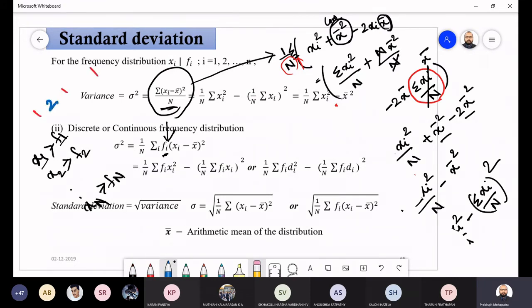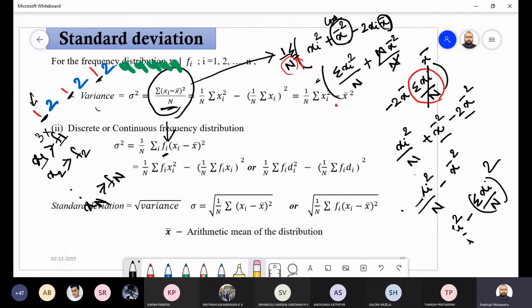2 is there 3 times, and 4 is there 5 times. Unnecessarily you would calculate the deviation every time. From 1 you calculate the deviation, from 1 again, and from 1 again. Better you calculate once and multiply by how many times it is repeating, 3 times.